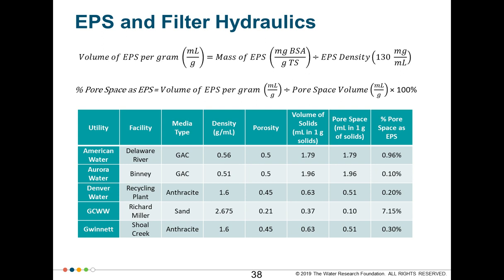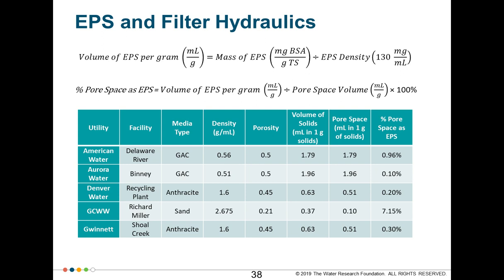Now, this part of our study was based off a paper by Mauclaire, a 2004 paper that states that a greater than 7% occupation of pore space by EPS is likely to be representative of a highly clogged filter. But it should be noted that that is just for a slow sand filter.